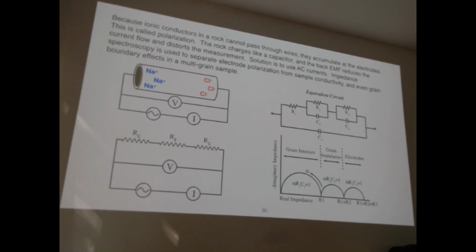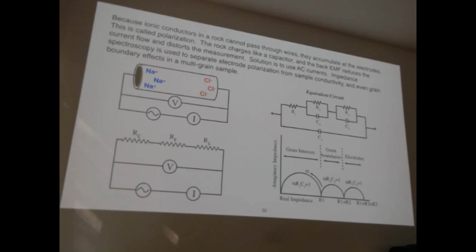Because if you've got a wet rock, and it's the ions in the rock that are doing the charge transport, when the ions get to the electrode, it's electrons in the electrodes that are doing the charge transport. And so you've got ion meets electron, and you can perhaps transfer charge a little bit.